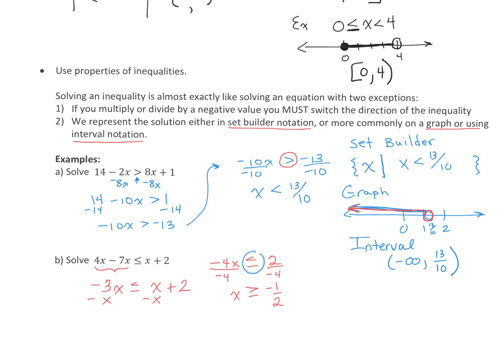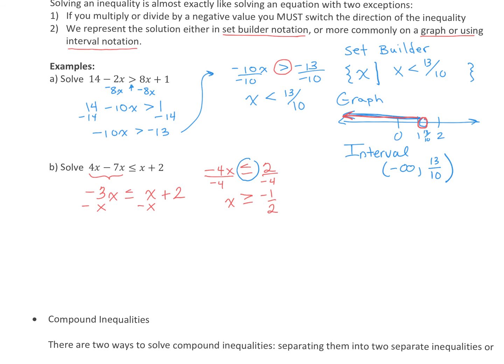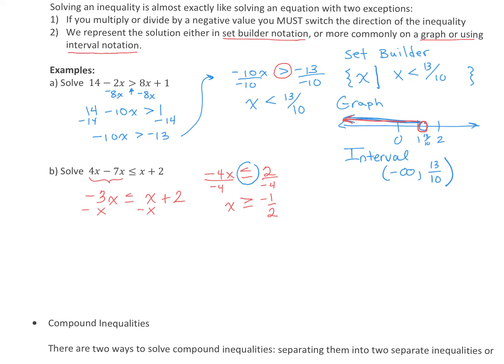So again, if I give the solution, I'll give it all three ways. In set builder notation, that's going to be the set x such that x is greater than or equal to negative 1/2.